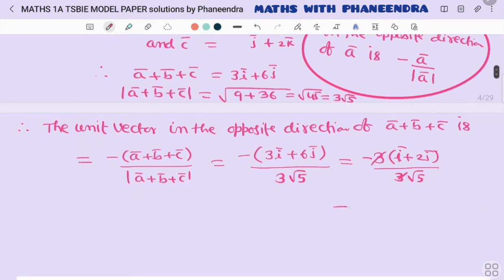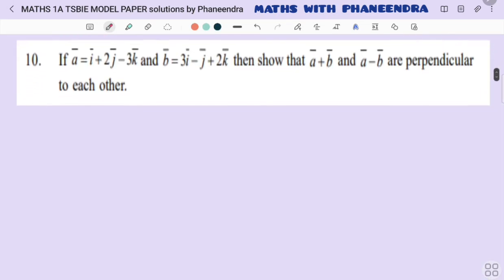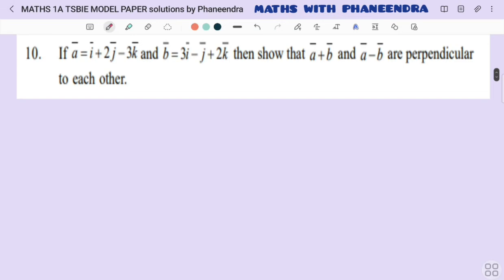You will get the required vector as minus of i bar plus 2j by root 5. This is the way you can do that, dear students. Whatever I am keeping in the boxes will help you learn the formulas indirectly, which is very important. We'll move to question number 10.